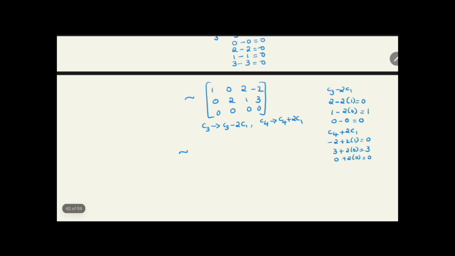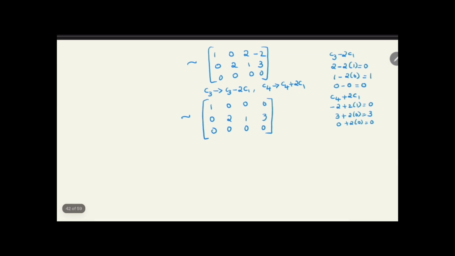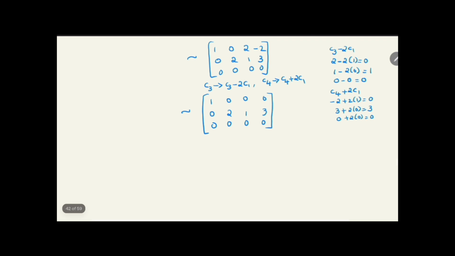So it is equivalent to: the first column remains the same, 1 0 0, then 0 2 0, then 0 1 0, and here it is 0 3 0. Is that clear, students? Now after making these 0, I should come back to the second diagonal element. What is the second diagonal element?